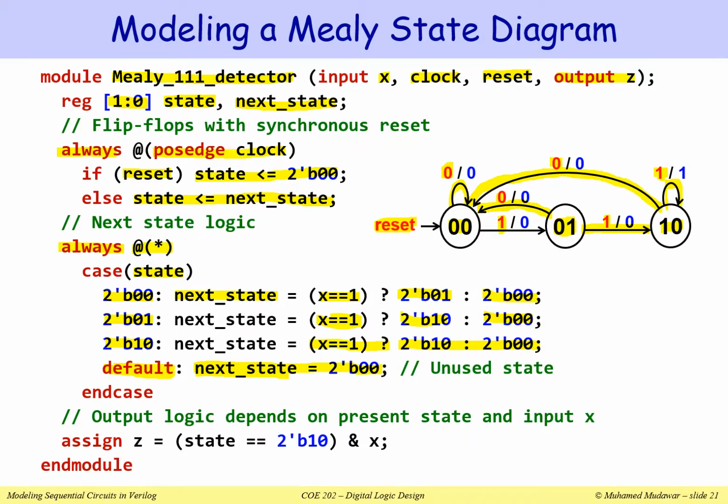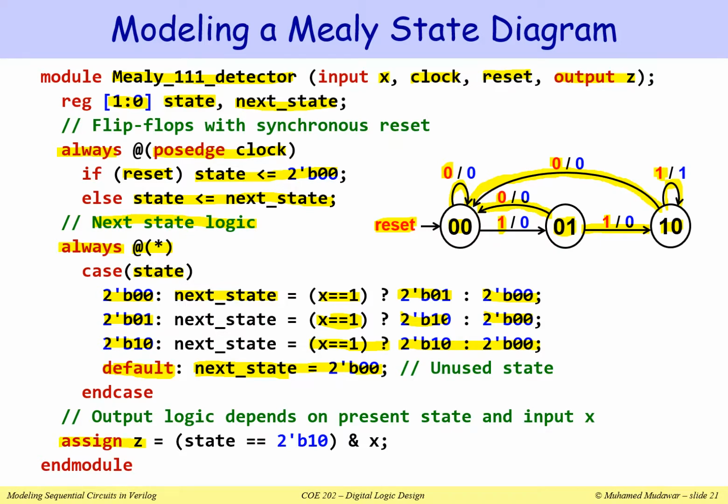So we have seen that this second always statement describes the next state logic, and it describes the transitions between the states as shown in the state diagram. Finally, for my output, I need to describe also my output logic. Now, this can be described very easily with a continuous assign statement.